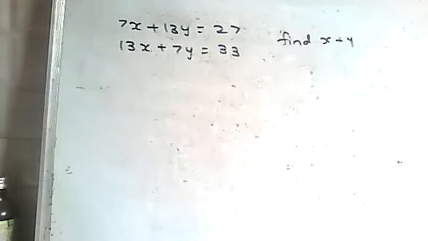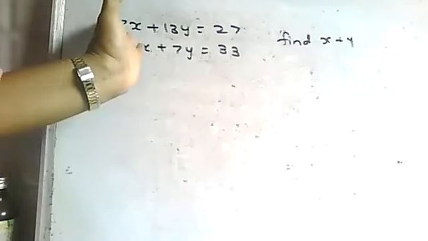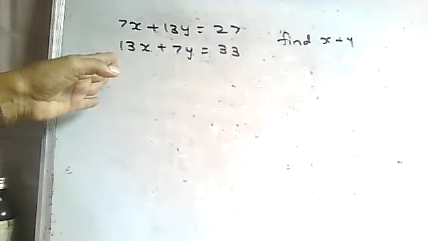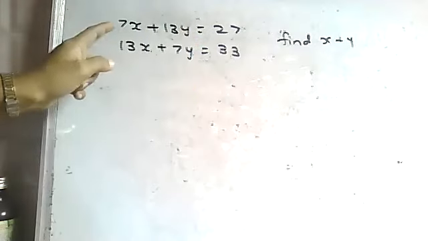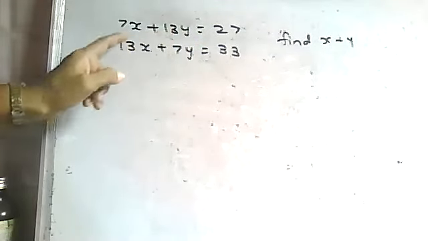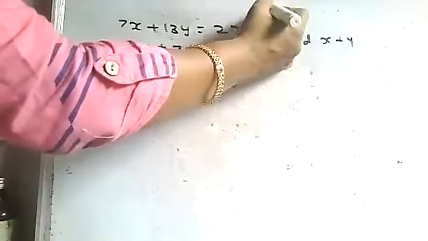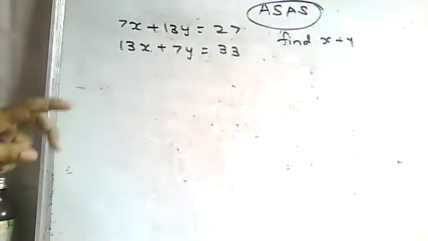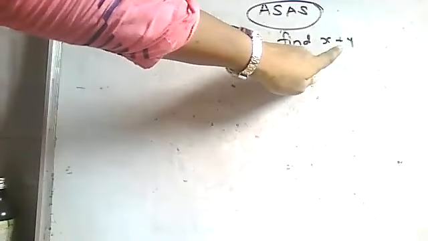See what I'm doing over here. Whenever you have cross coefficients the same, either 7 or 13, you have to follow this method. You must be knowing that. But here they have asked only x plus y.